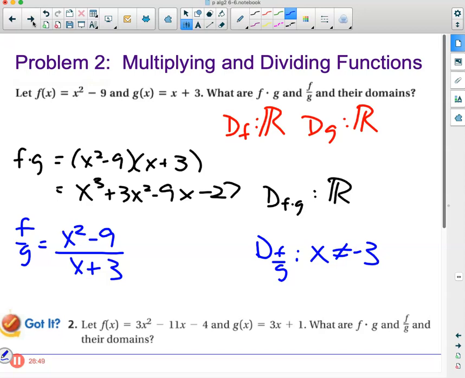This has subtraction and this has addition. So the only way we'd be able to see multiplication is if we could tear this apart into two binomials. Oh, that's called factoring. So if we can factor x squared minus 9, then maybe we can cancel. Can we factor x squared minus 9? Absolutely. That's a difference of two squares, isn't it? That's x plus 3 times x minus 3.